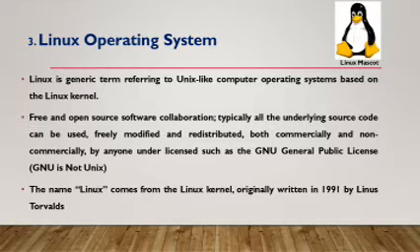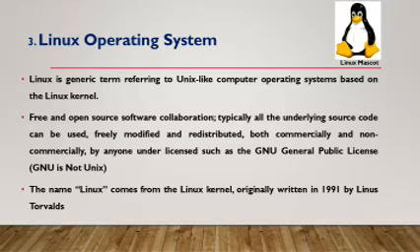So basically the Linux operating system was introduced in 1991 by Linus Torvalds. It is a free as well as open source operating system, in which we can develop the software, any form of this Linux operating system, free of cost, and also redistribute it, both commercially and non-commercially by anyone under licenses such as the GNU General Public License.